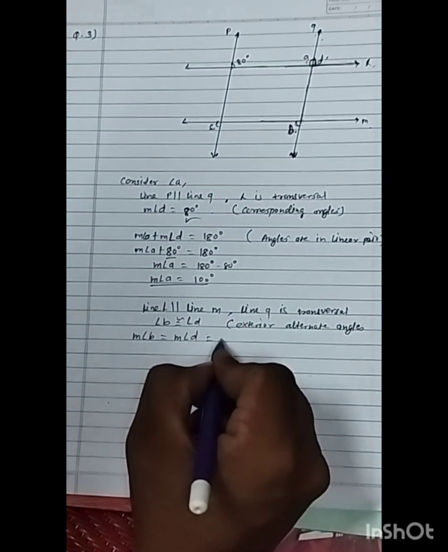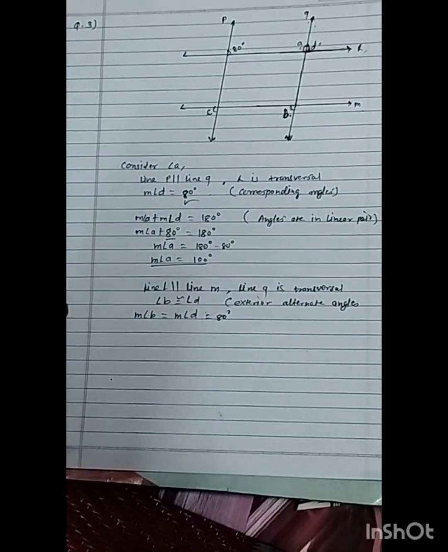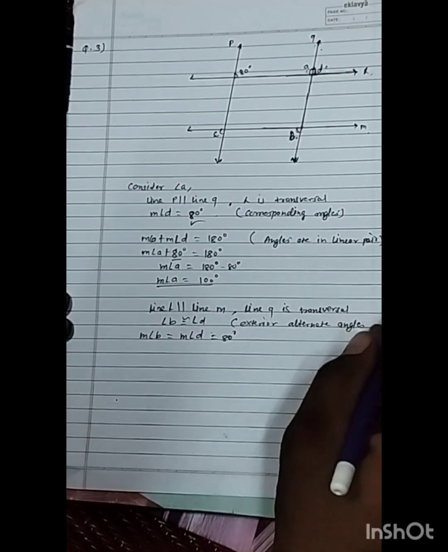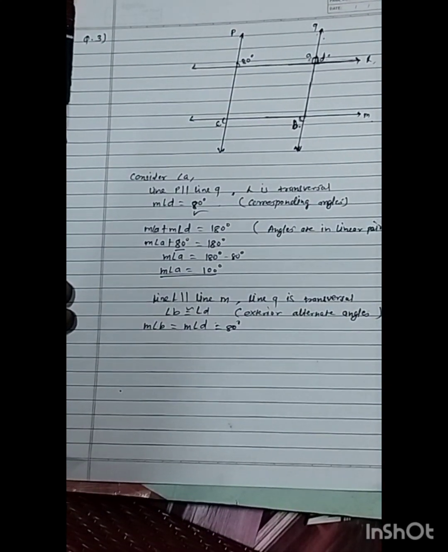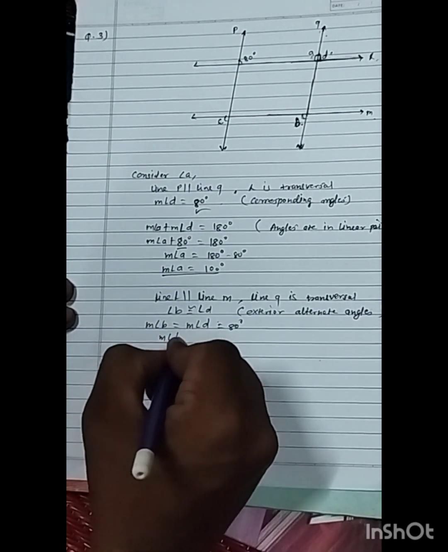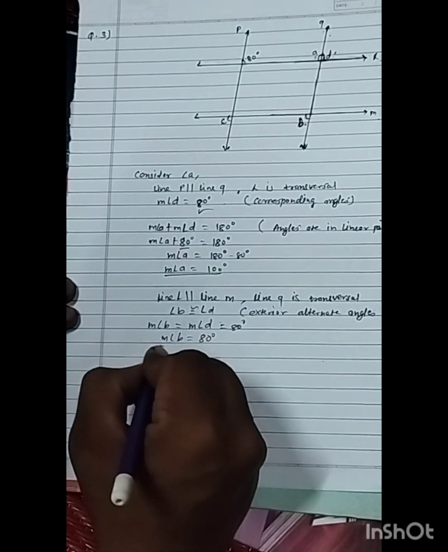So we will get the answer 80 degrees. So you can write exterior alternate angles are congruent angles. So angle B is equal to 80 degree.